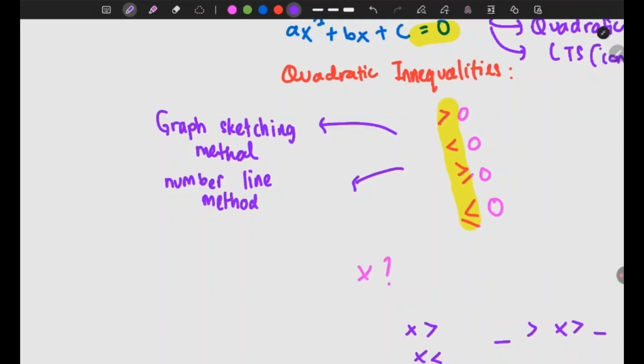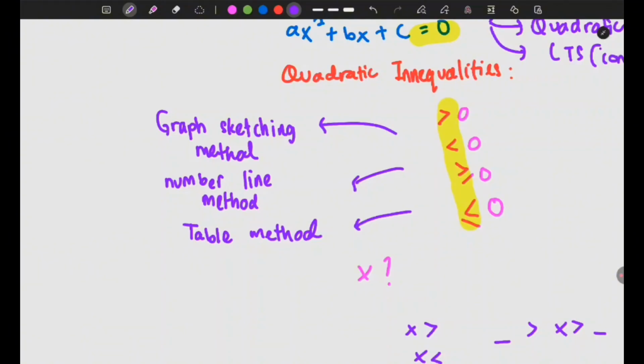And lastly is the table method. So there are 3 methods: graph sketching, number line, and table method to solve quadratic inequalities.